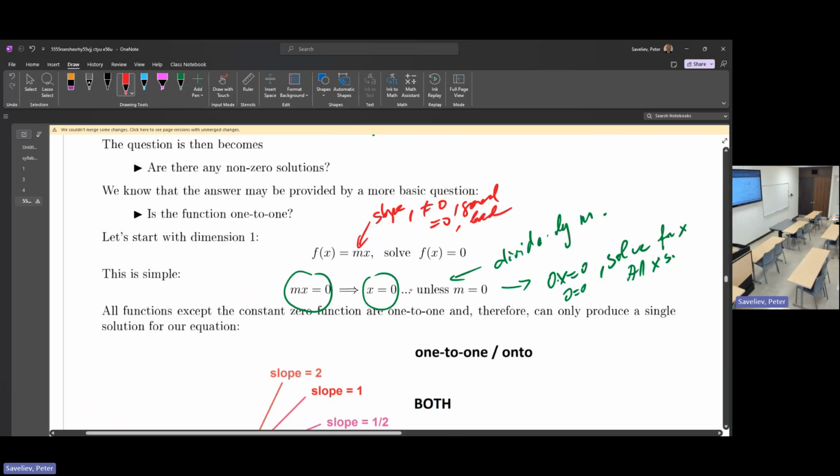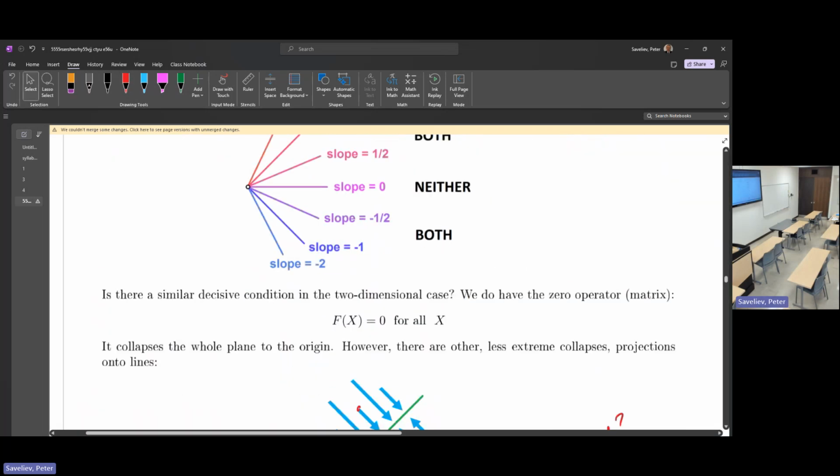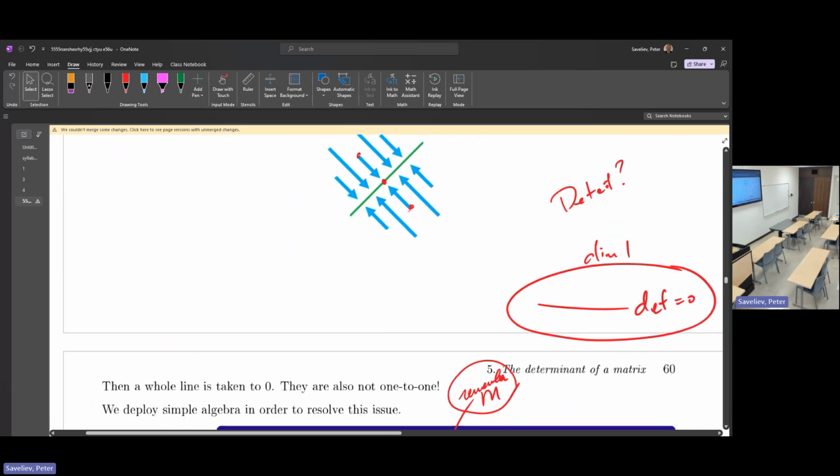Now in two dimensions, there is no single slope, because it's hard to even visualize: you have two dimensions here, two dimensions there. Where is the slope? How many slopes are there? So we have to speak in different terms, in terms of transformations, but the logic remains the same. So 0 is bad.